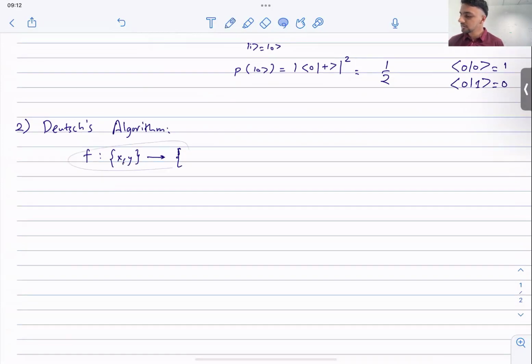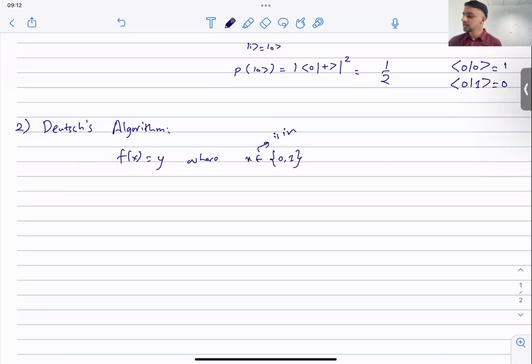Let me just write it down like this, where x is a binary string. This just means it is in this set, so x is allowed to have two values and y is also allowed to have two values.